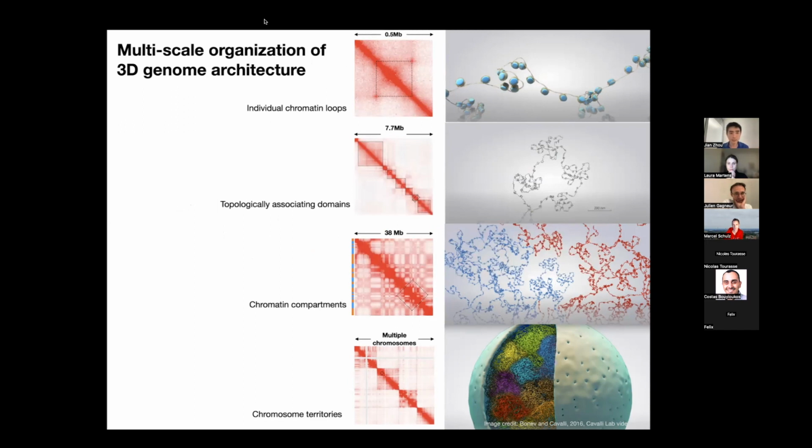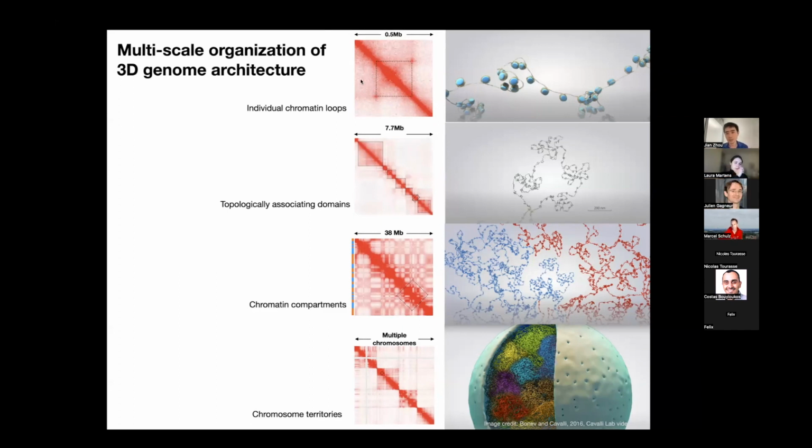In this matrix, both the x-axis and the y-axis represent genomic locations, and the diagonal represents the self-interactions of the same location or very adjacent locations. The off-diagonal positions represent the interactions between two genomic locations, right?